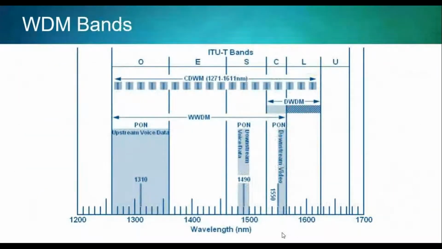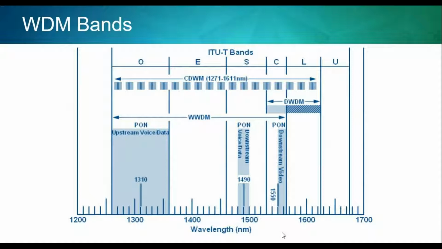So if we go back to the ITU bands, you can see clearly here that CWDM really takes a whole spectrum in terms of the O, E, S, C, and L bands. So there are about 18 channels broken down with 20 nanometers between each channel across the whole ITU bands.